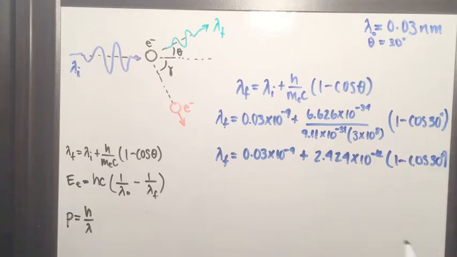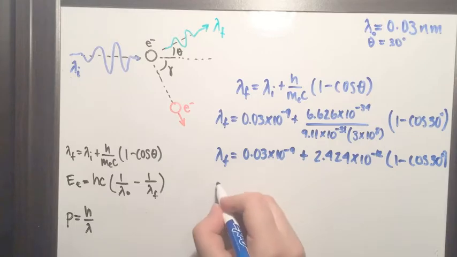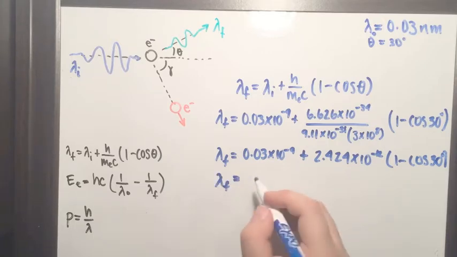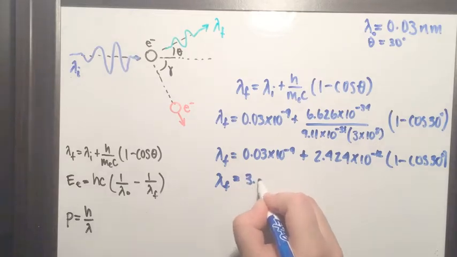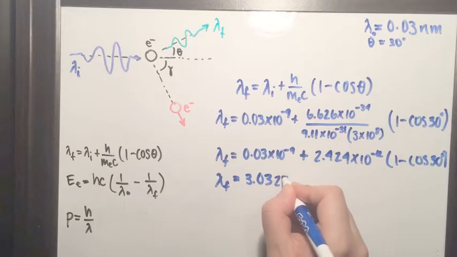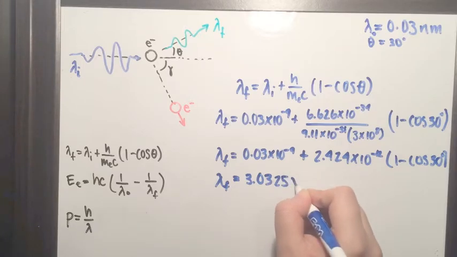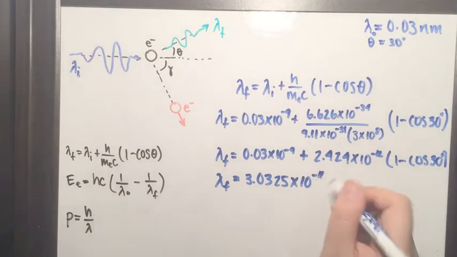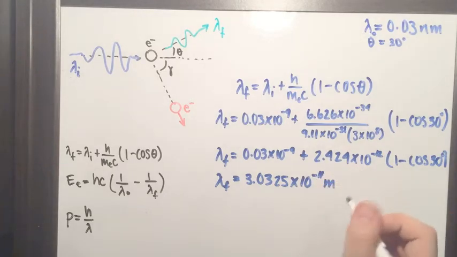And if we plug all this into our calculator, we get a lambda final equal to 3.0325 times 10 to the minus 11 meters.